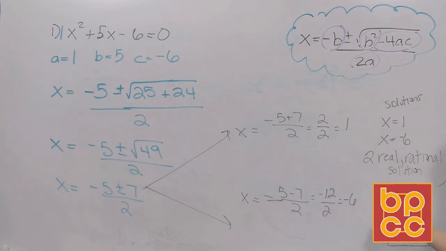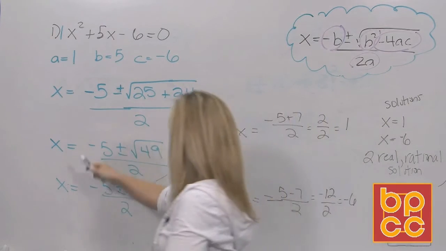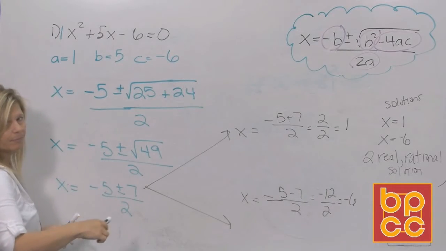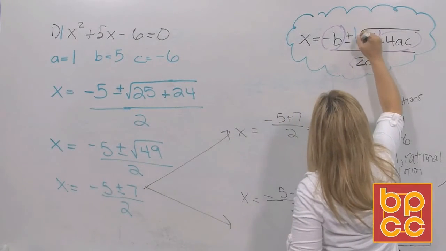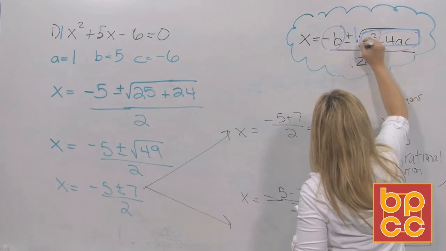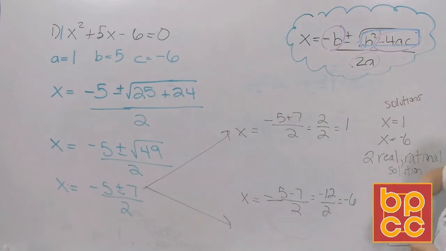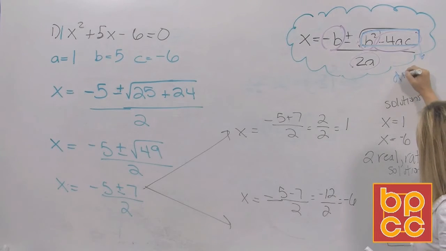Use the correct words. I knew I was going to get two real and rational answers because the most important part of this formula is right here, underneath the square root. What's underneath the square root is given a name. It is called the discriminant.